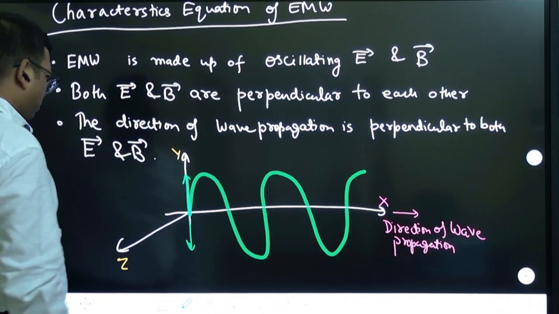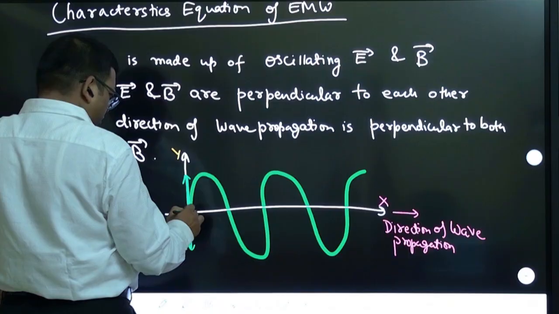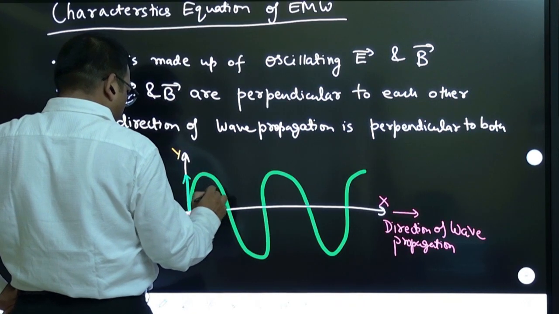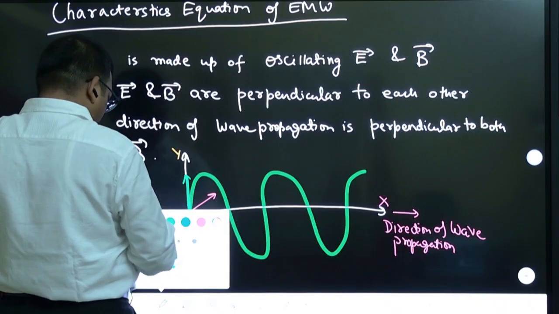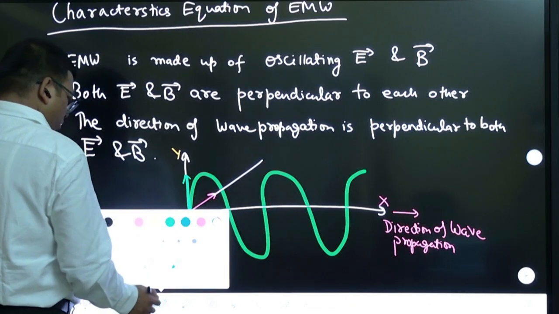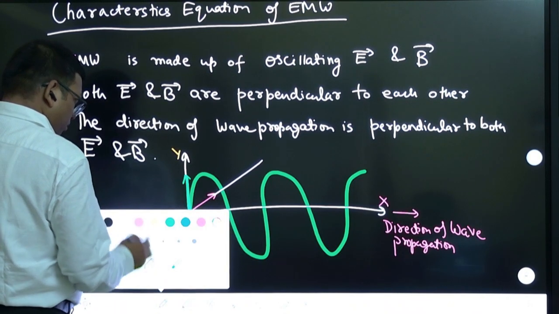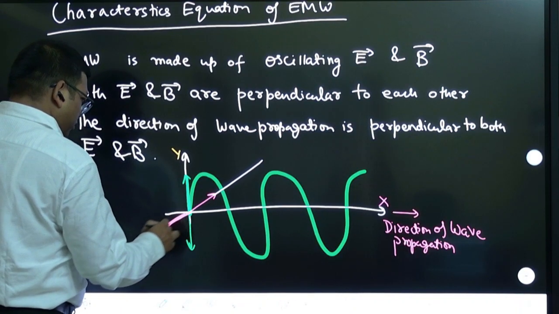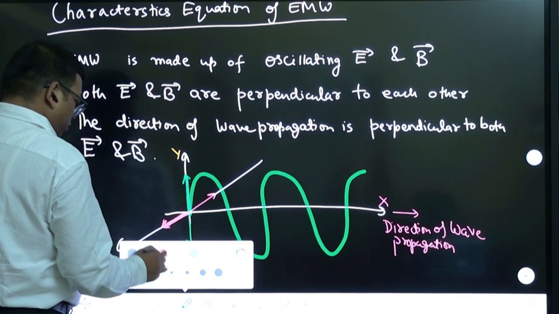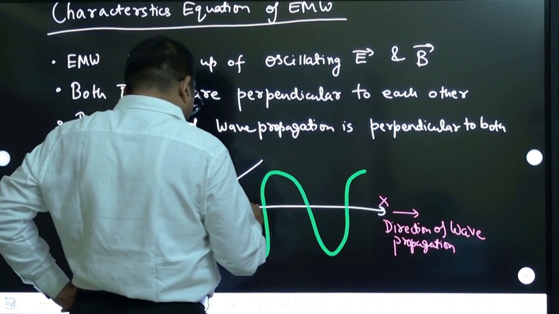The magnetic field is oscillating in the z direction, along this maximum, along that side minimum.